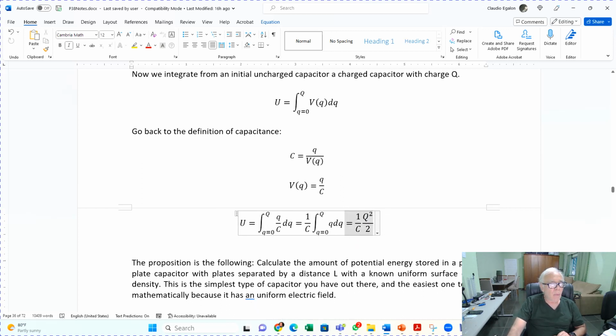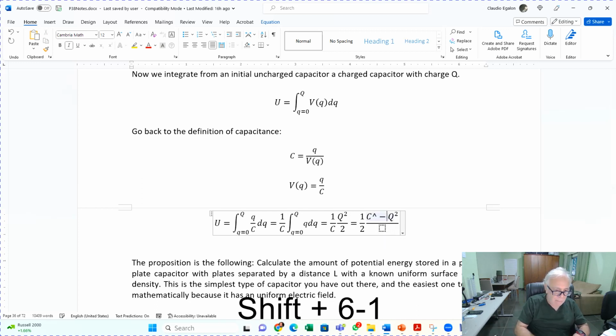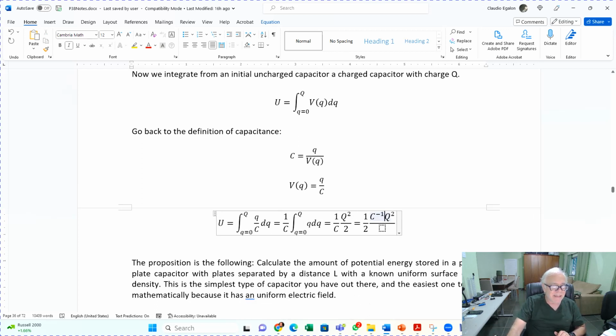I'm going to rewrite it in a slightly different way, in the same way that we would write that quantity that you know, right? And instead of putting the C downstairs, I'm going to put the C upstairs with a minus 1 power. Okay? Something like that.